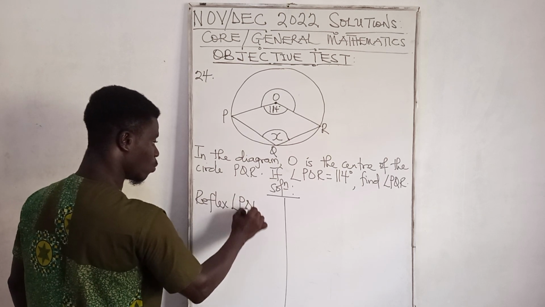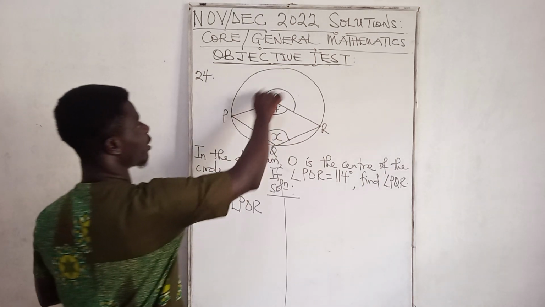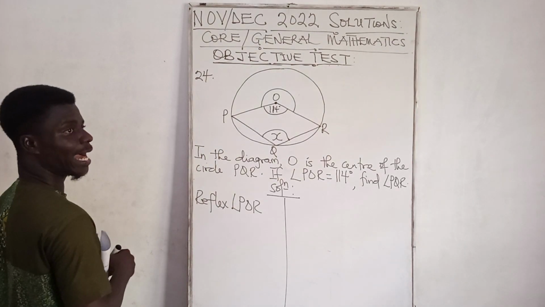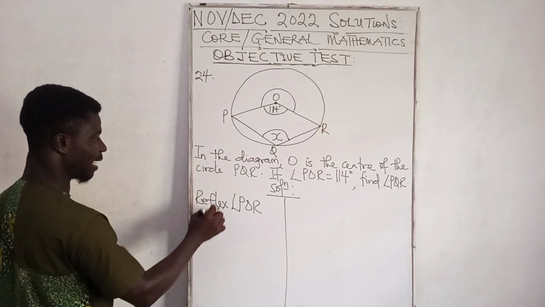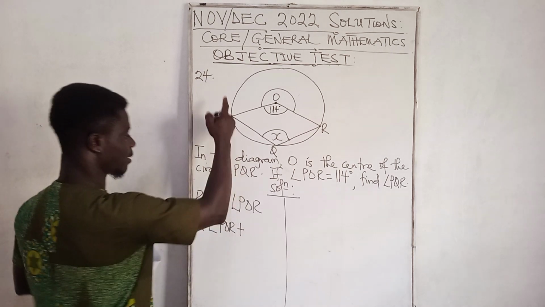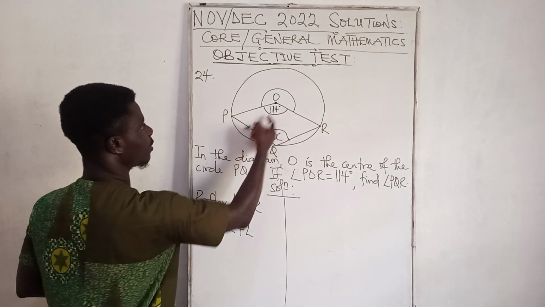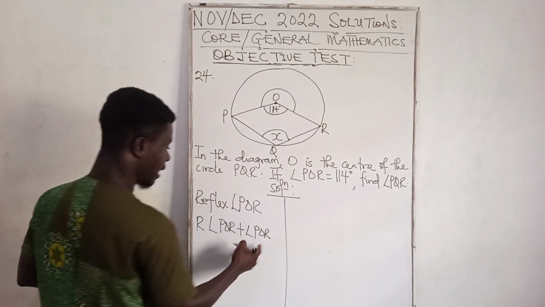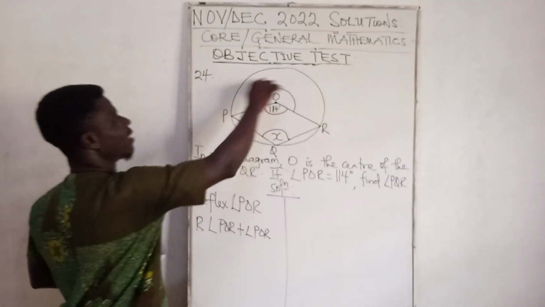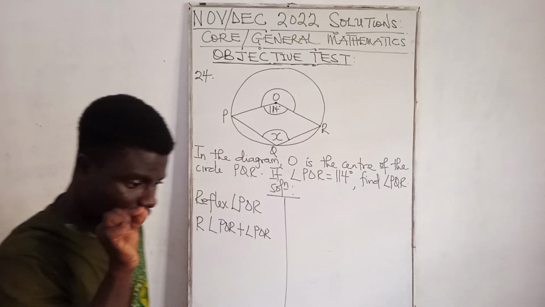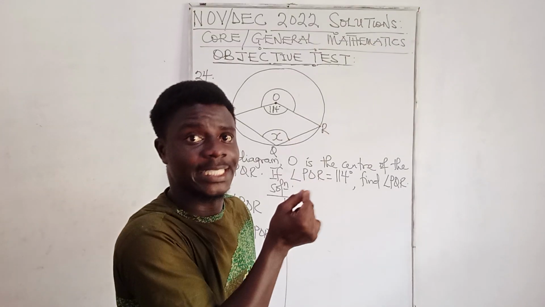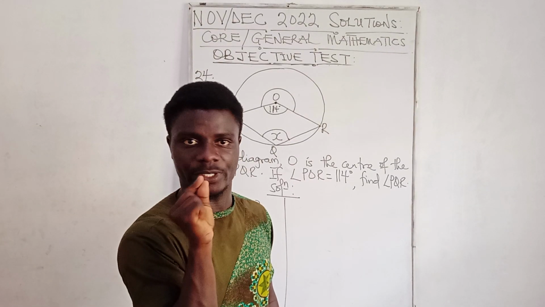If you want to find the reflex angle POR, since angles meeting at a point add up to 360 degrees, I can say that my reflex angle POR plus this angle POR, they are different. We have angle POR, that's the angle. Then we have reflex angle POR. A reflex angle is an angle whose measure is greater than 180 degrees, but less than 360 degrees. So don't forget.